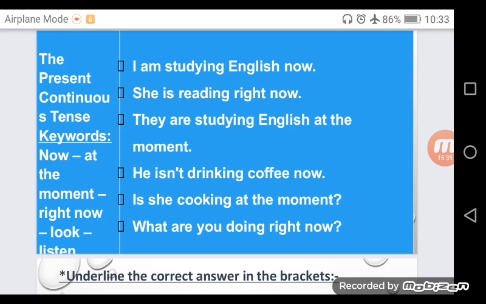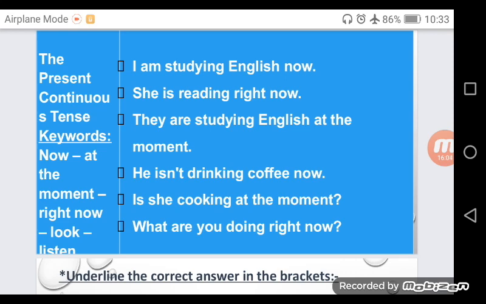The next sentence, she is reading right now. We have is because the subject is she, read, ing. Number 3, they are studying English at the moment. We have are because the subject is they, then study, then ing. Next, he isn't drinking coffee now.